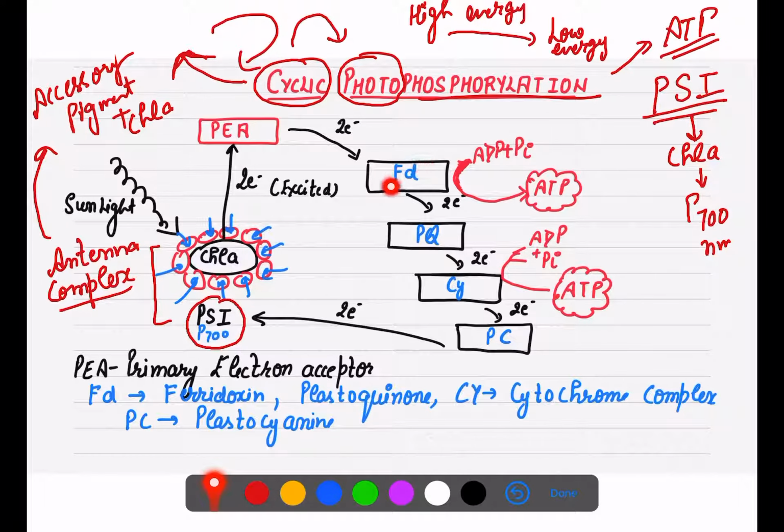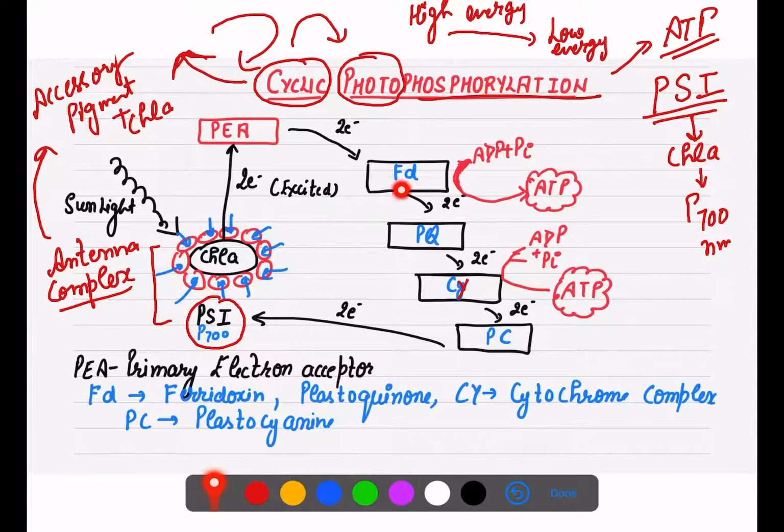There is ferredoxin, FD is ferredoxin. Then there is PQ. What is PQ? That is plastoquinone. Then it will pass the electrons to CY. What is CY? That is your cytochrome complex. The last one is PC. What is PC? That is plastocyanin. So a pair of electrons will move from the primary electron acceptor and will be received by ferredoxin, then plastoquinone, then cytochrome complex, and then plastocyanin.